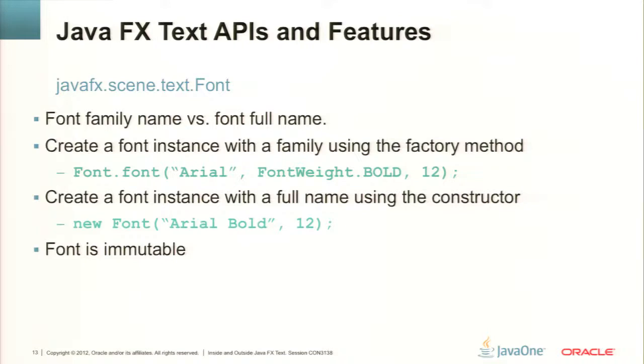So for whatever reason, in JavaFX 1, which was based on a scripting language called JavaFX Script, which is based on an earlier scripting language called F3, form follows function, whoever was actually building that API decided that you would obtain a font using the font family with a factory method, Font.font.